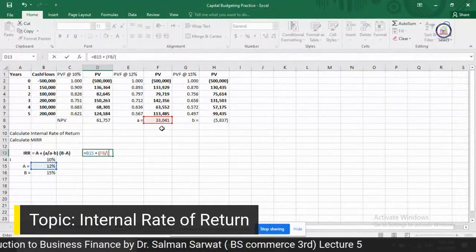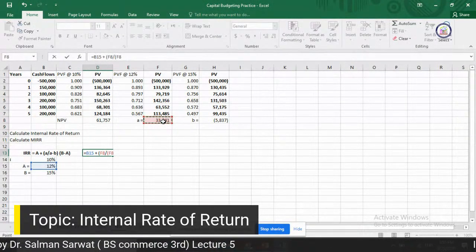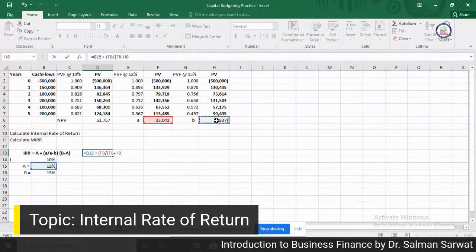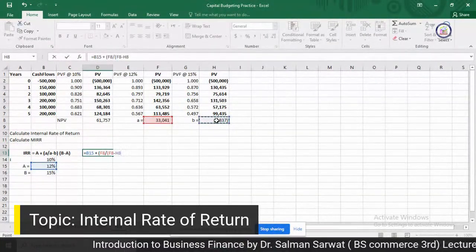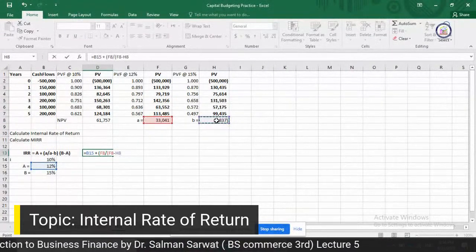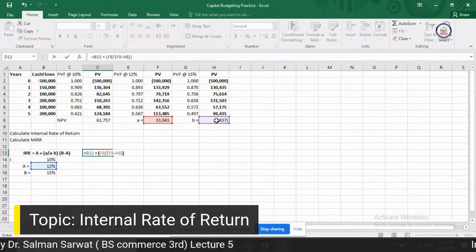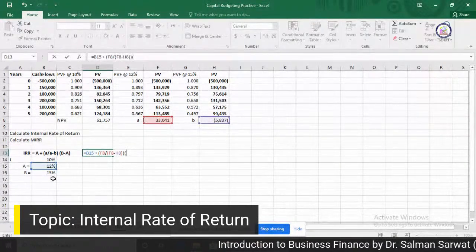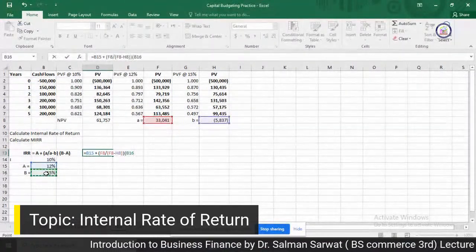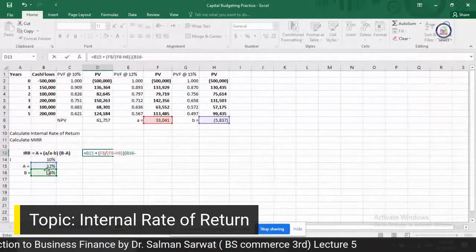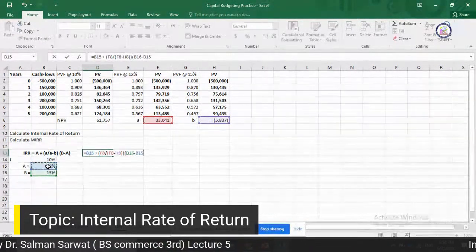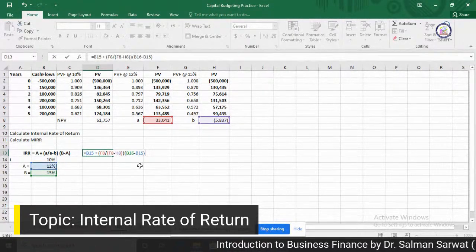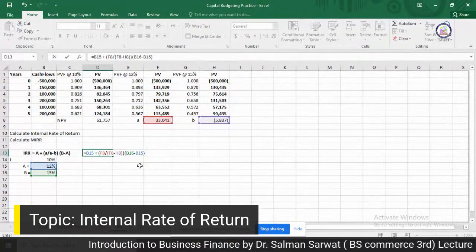This would be A minus B. Minus minus will cancel out each other and will be added. Then again we will open the bracket and we will minus B, capital B minus capital A. So this is the formula. I'm pressing enter.